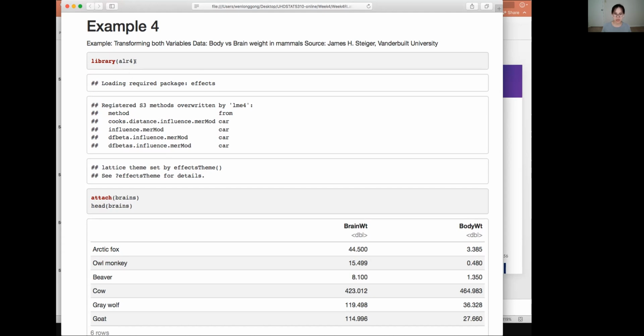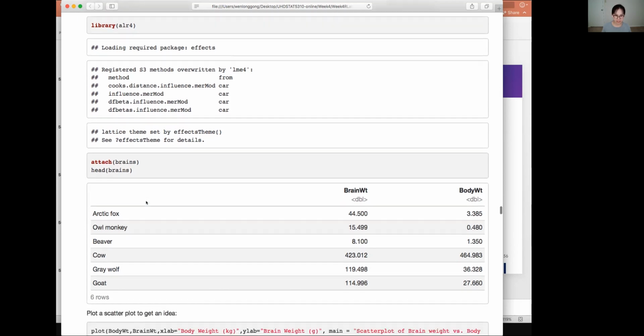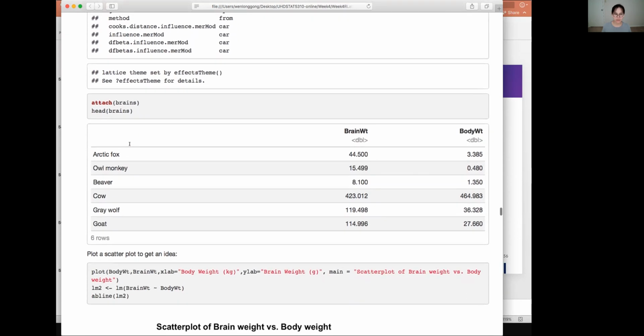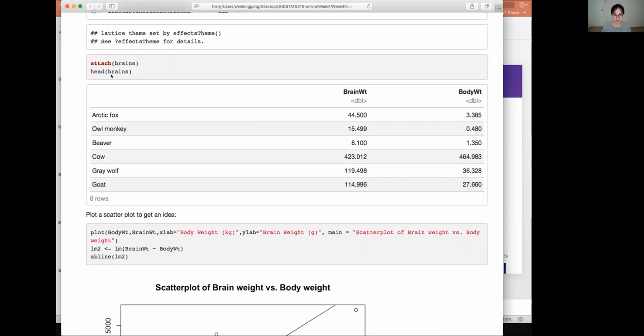I got the data from this person; you just attach this library and you will find the data in it. I attach the data again just for easier access to the variables.